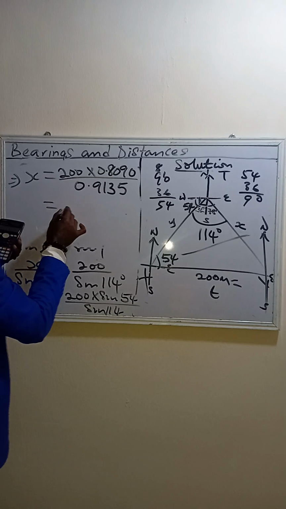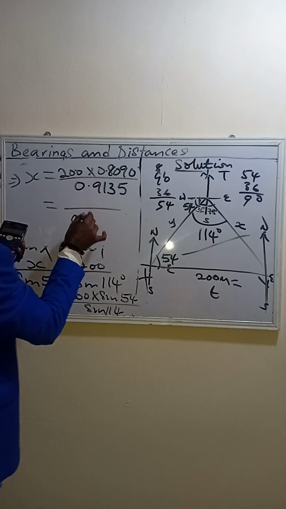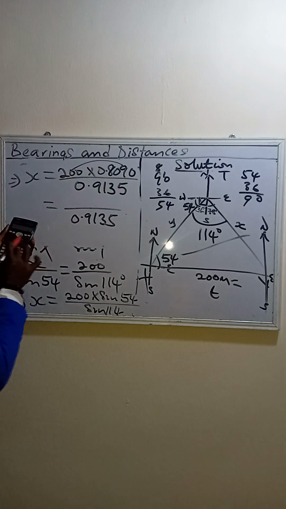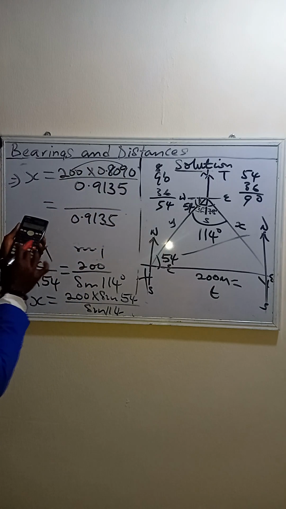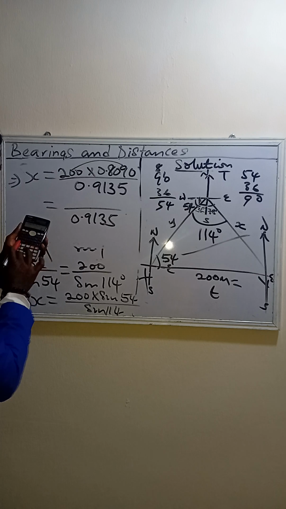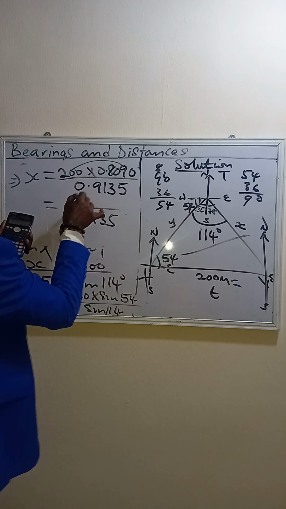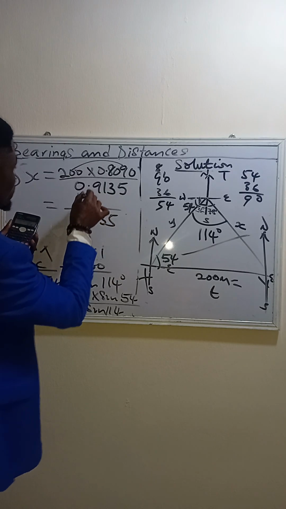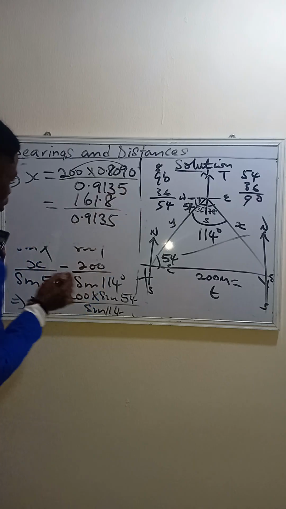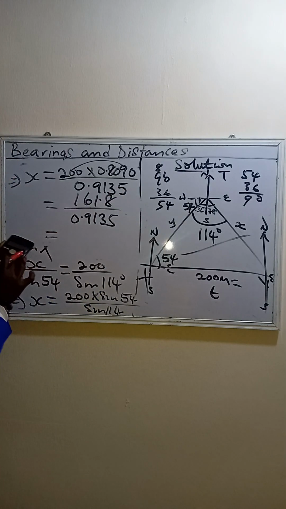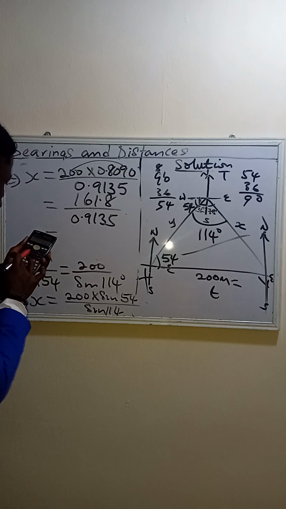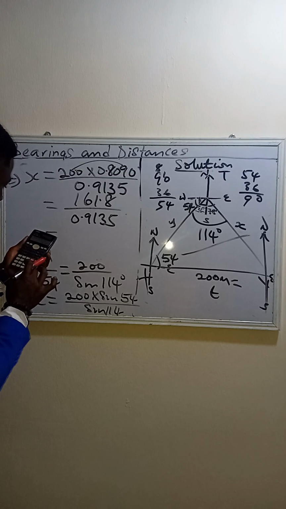Let's multiply this together. 200 times 0.8090 gives 161.8, then divided by 0.9135.